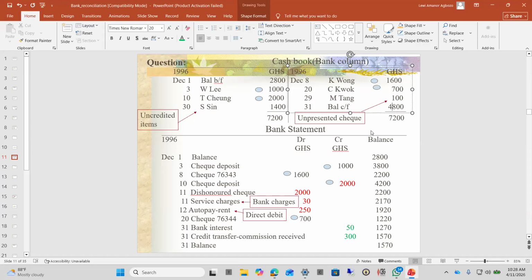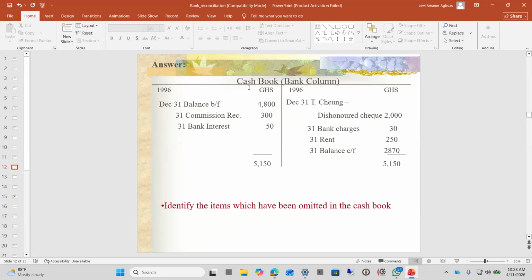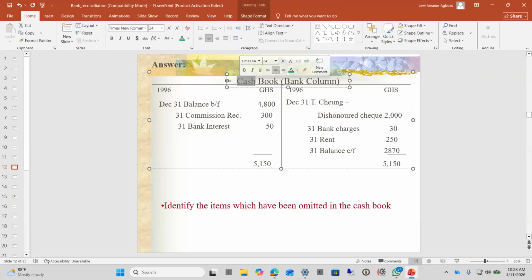Yes, sir. So let's look at the next slide. The next slide is the adjusted cash book balance. This cash book should be called adjusted cash book, right?